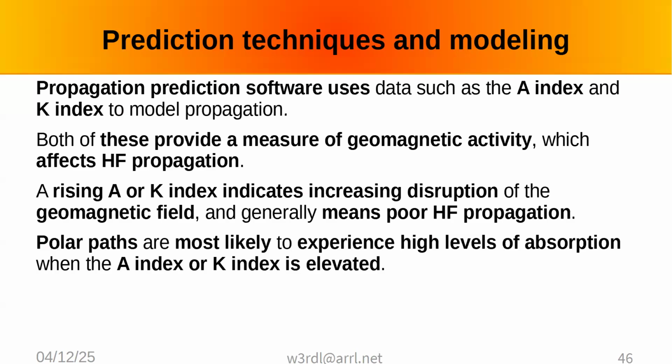Not necessarily negative, attenuated propagation. So if the A and K index is lower, the better. Right. You would like the index being, let's see, K is 0 to 9, so you'd want that to be 0. And A was some other range, I forgot.